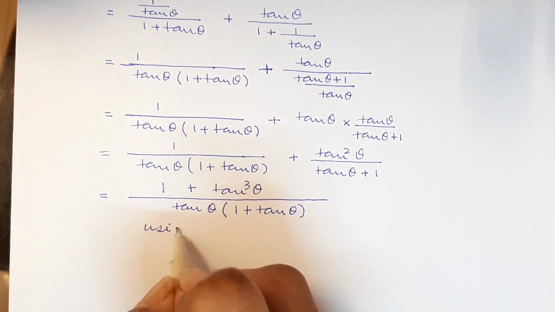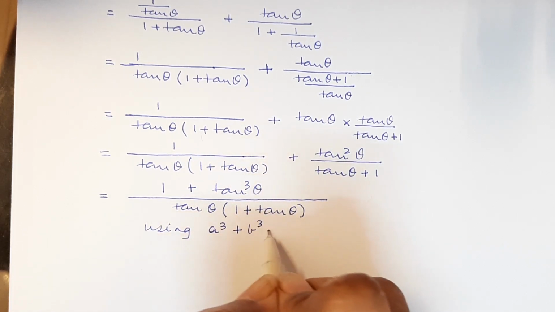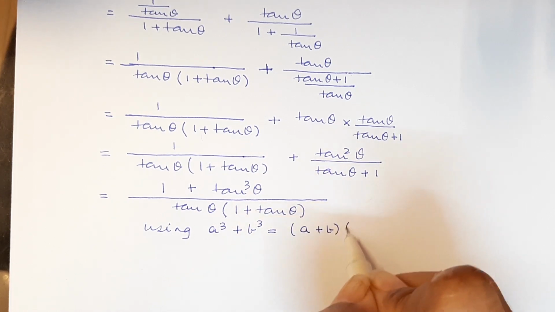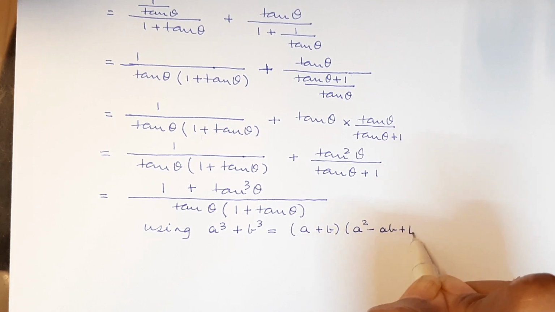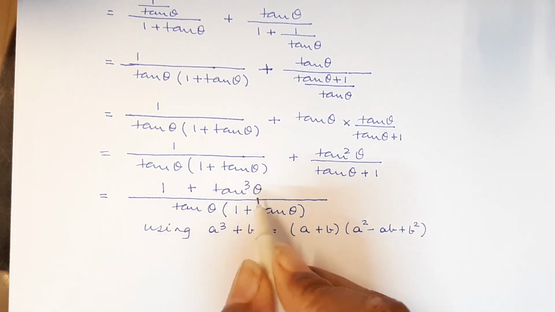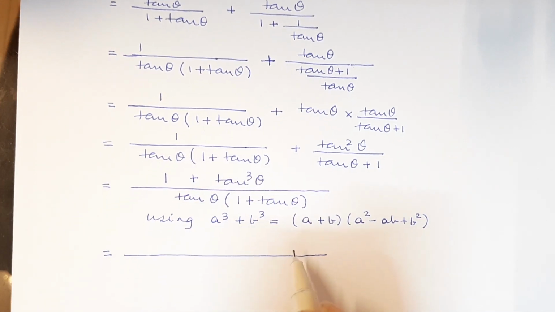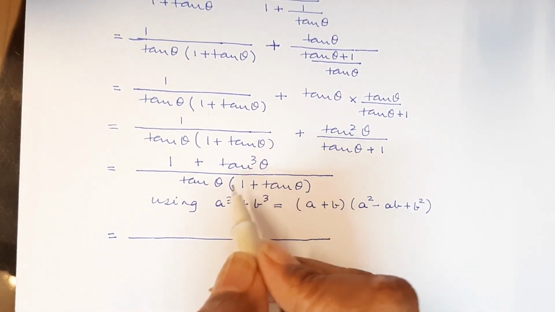So, we will say using a cube plus b cube is equal to a plus b into a square minus ab plus b square. We need to factorize this because we are simplifying the fraction, right? So, if we see anything complex, simplify it. So, we factorize this.